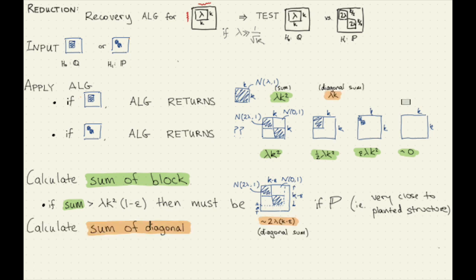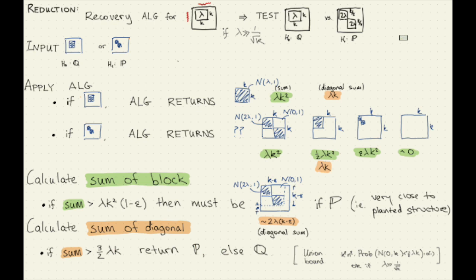Once you know that you're vaguely in the right area, you can calculate the sum of the diagonal of the k by k block, and that's going to distinguish it for you. The diagonal in your original case is only going to be lambda k, whereas if you've picked up most of the planted structure in the 2 community case, it's going to be almost 2 lambda k. So you can threshold on the sum of the diagonal.